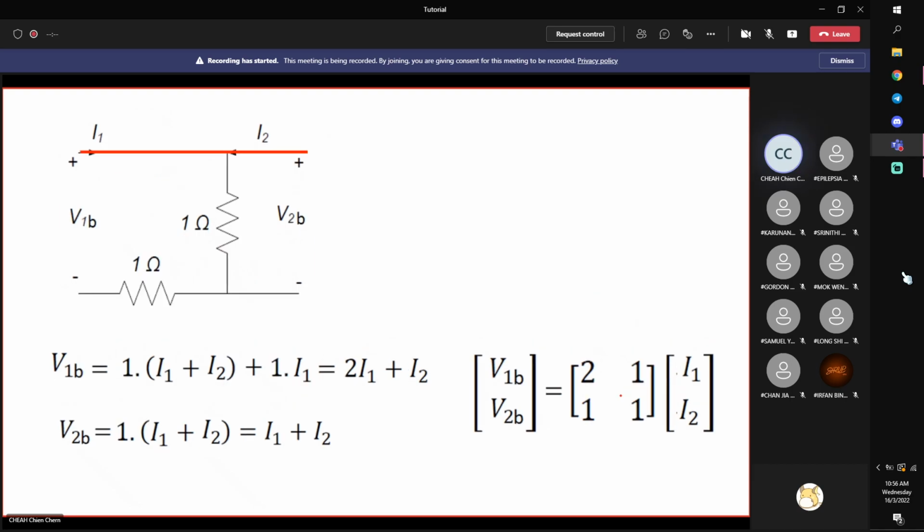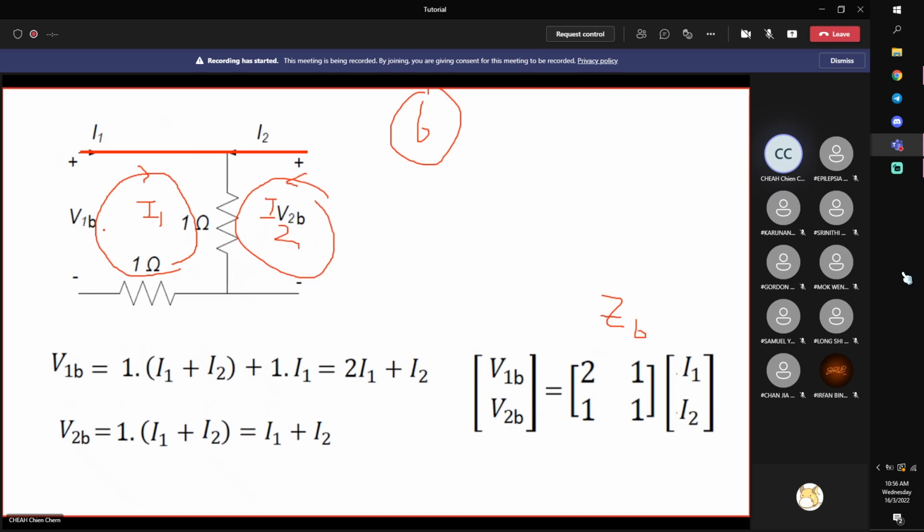Next, I proceed to circuit B to model ZB. Same things, apply mesh analysis using Kirchhoff's voltage law through loop 1 and loop 2. I can write down two equations.